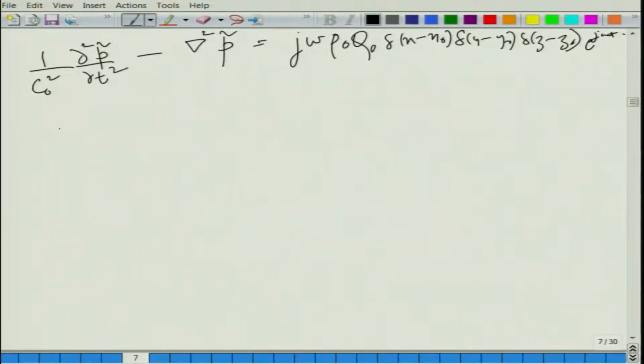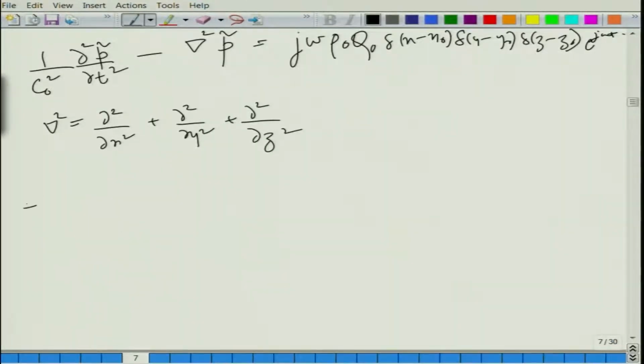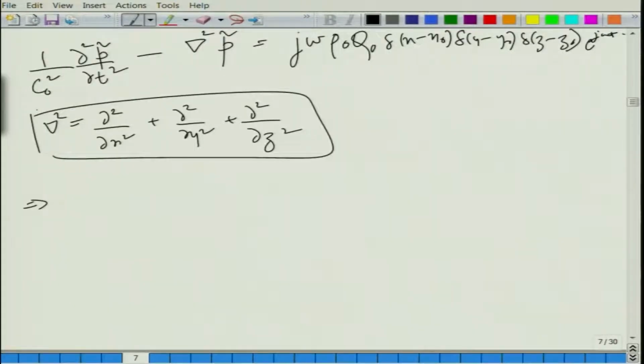Now, here of course del square means in Cartesian system, and we will soon see how we get to the r theta system in a while. But before we do that, let us simplify these further. We will put this in the standard form, we multiply throughout by minus. So, we get this.